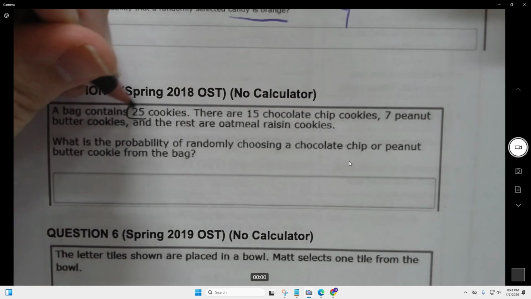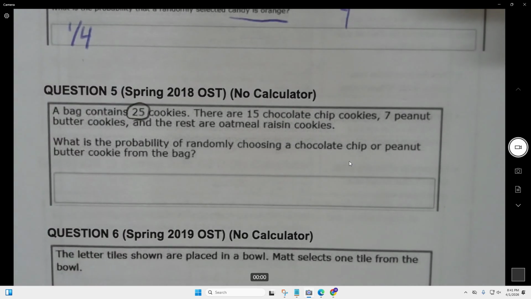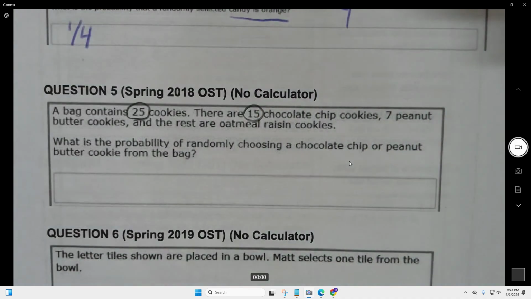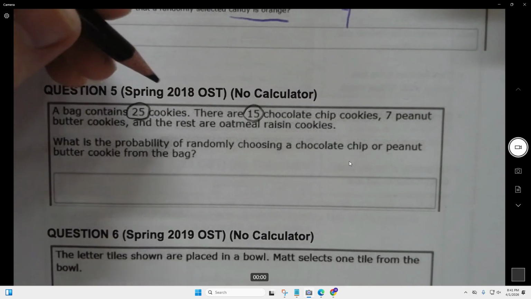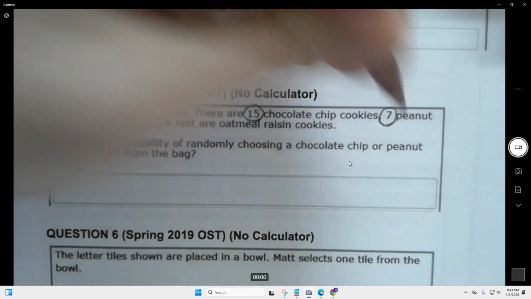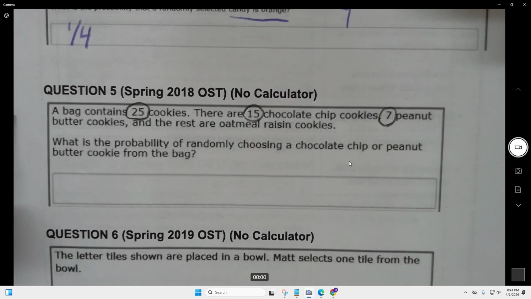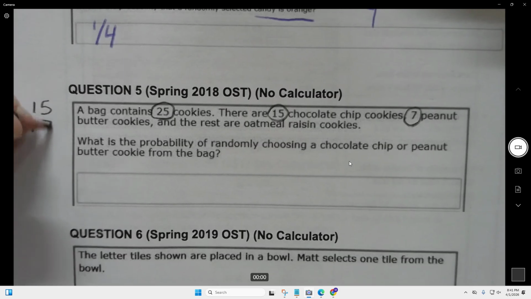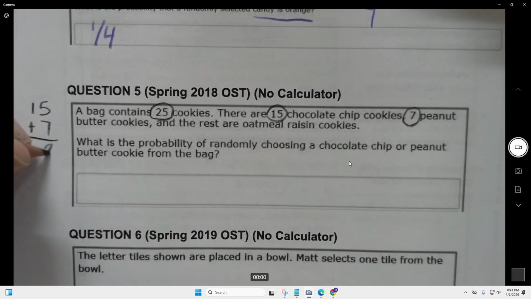So, we know there are 25 cookies. How many chocolate chip are there? 15. How many peanut butter are there? 7. So how many chocolate chip or peanut butter cookies are there? 15 plus 7. 5 plus 7 is 12. Carry the 1. 1 plus 1 is 2.